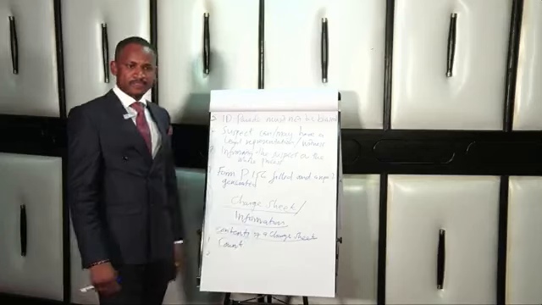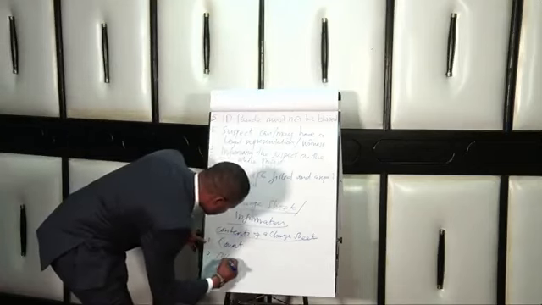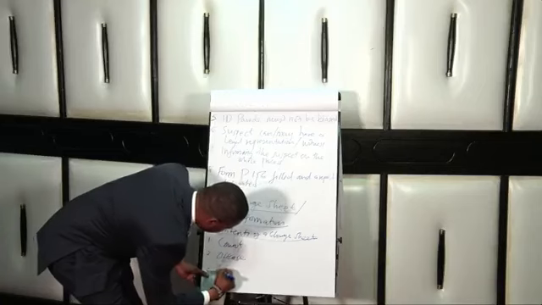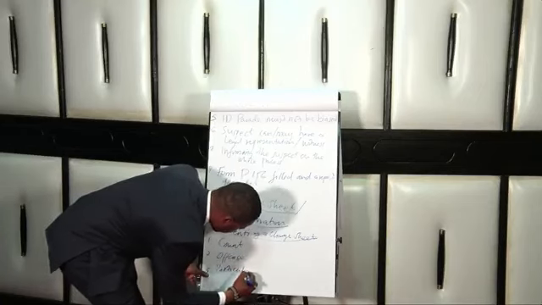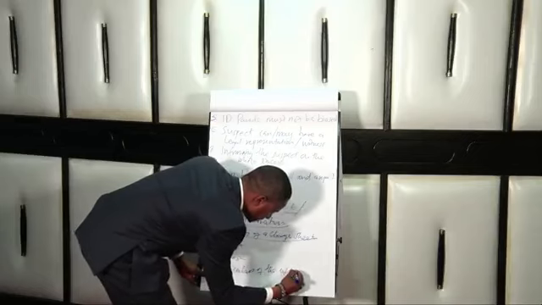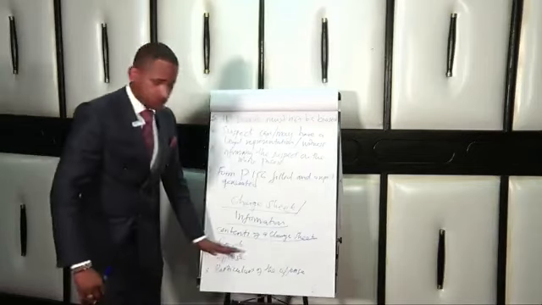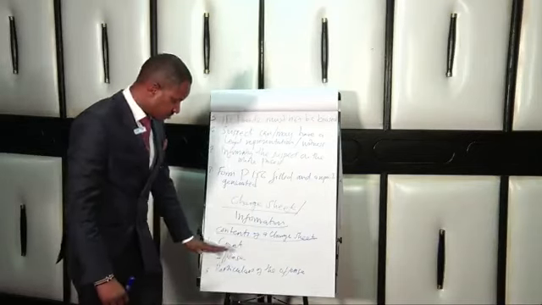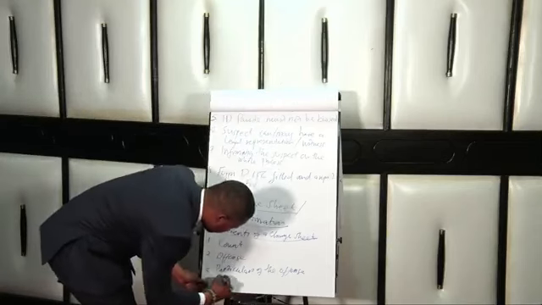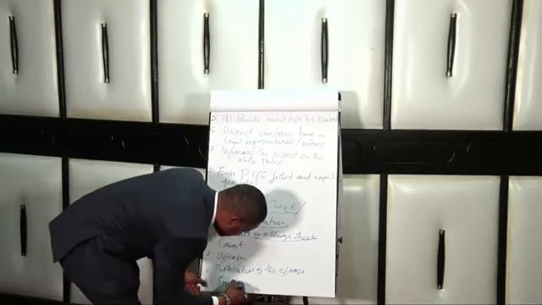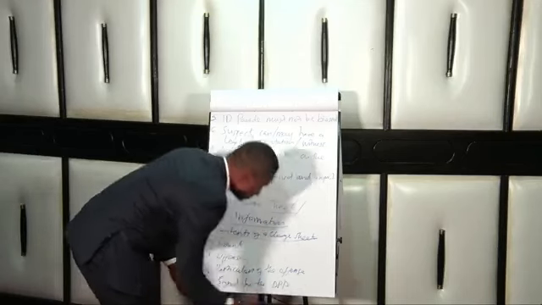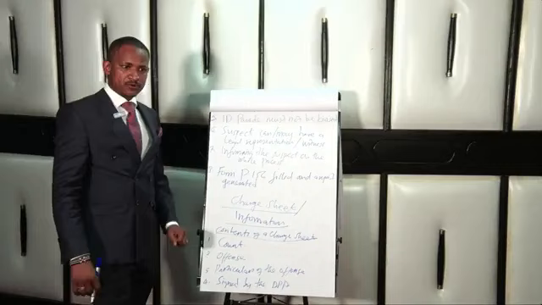Then after that, there is the offense that has been committed. Then number three, there are the particulars of the offense. Class, this is very important because you will be told to draft a charge sheet or information. So you must know about this. Number four, it must be signed by the DPP. Very, very important and urgent.